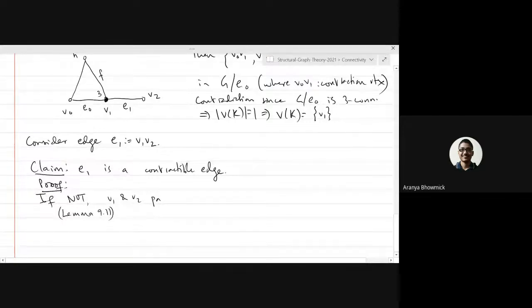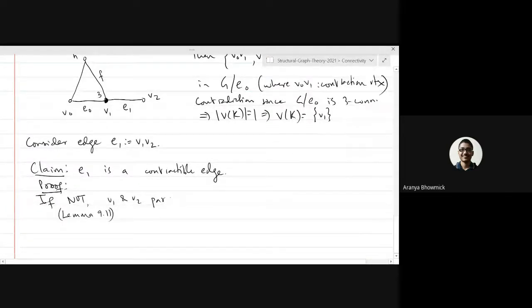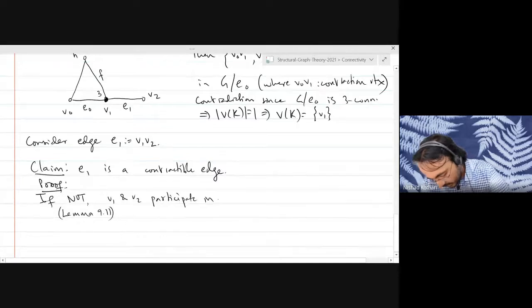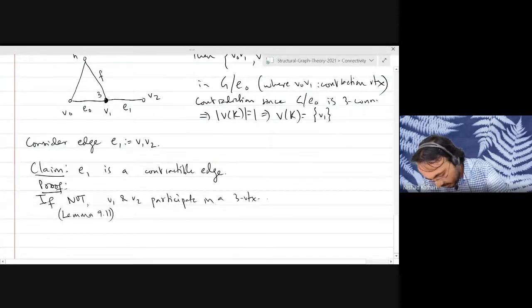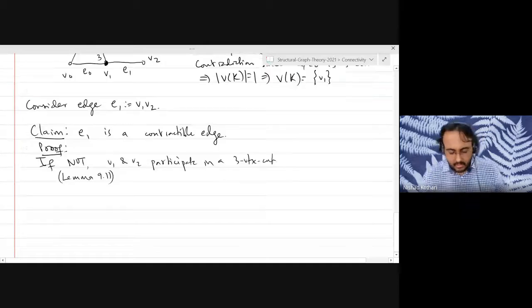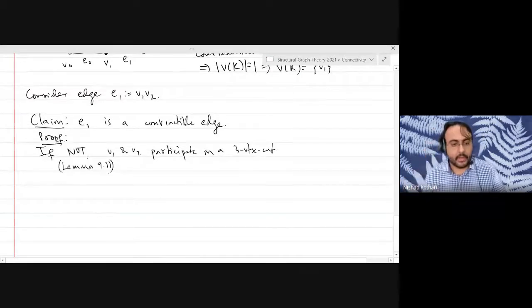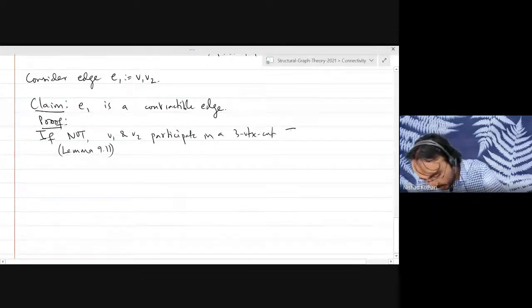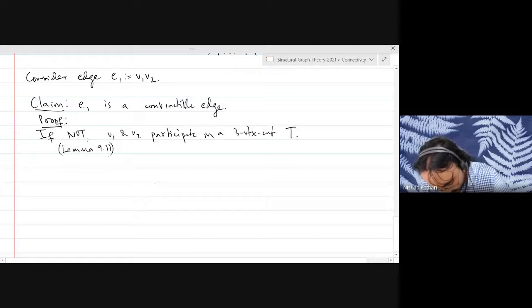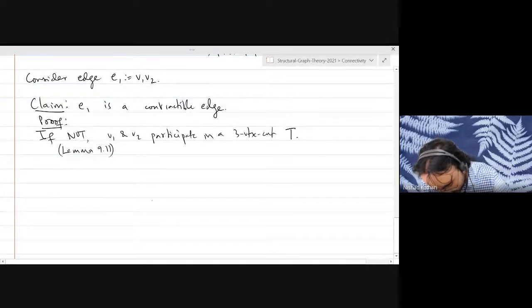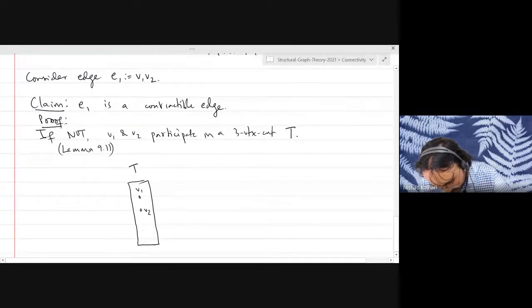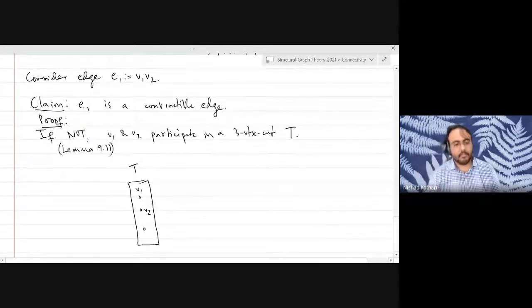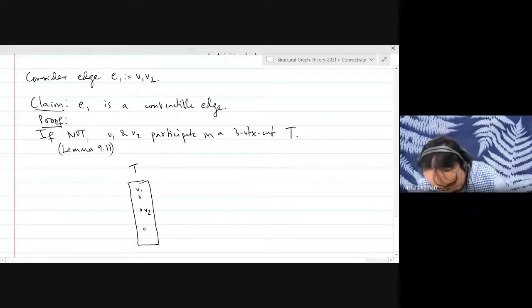Basically, there will exist a vertex W which will participate in a 3-vertex cut with the endpoints of the edge. Exactly. All right. So these two vertices participate in a 3-vertex cut with some other vertex. Let's call this cut T. So this is a set T. This is V1, this is V2, and this is some vertex. And this is our edge E1.